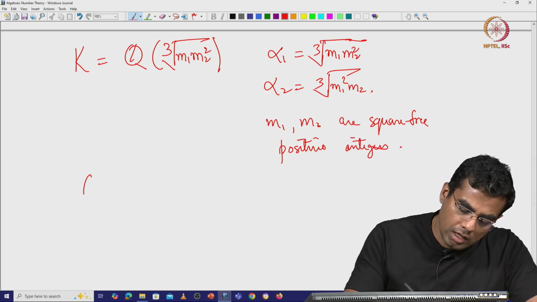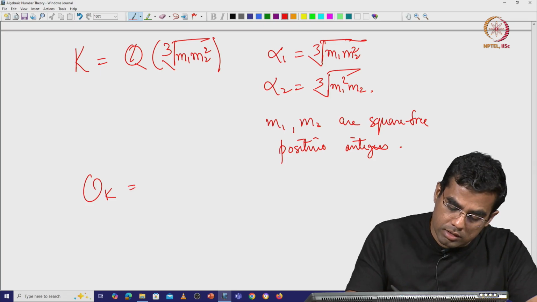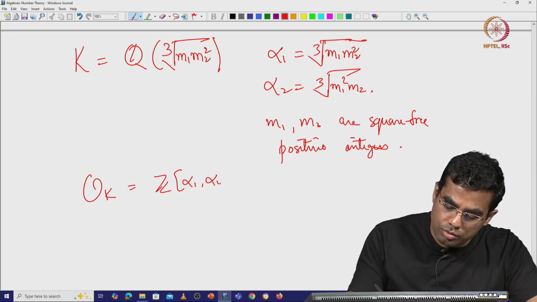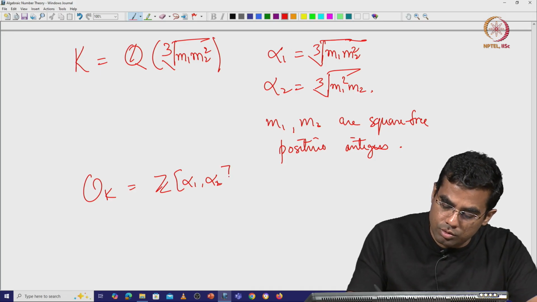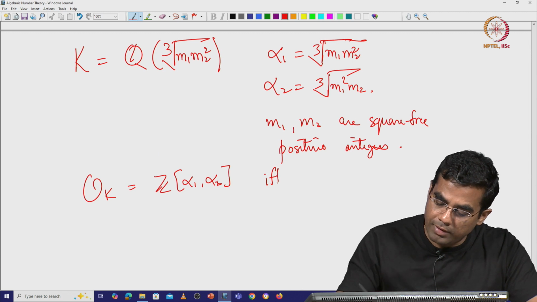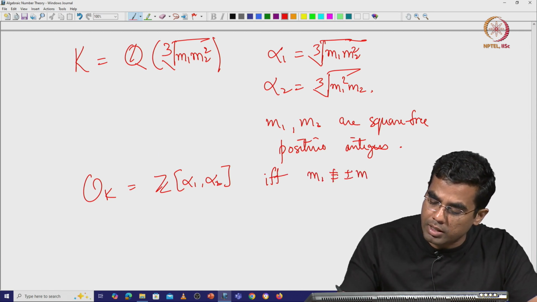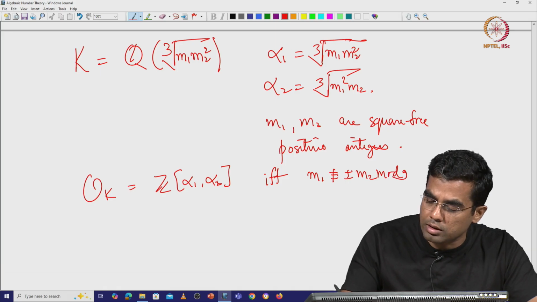where m1 and m2 are square free positive integers. Then O_K is Z alpha 1 alpha 2, generated by these two, if and only if m1 is not congruent to plus or minus m2 mod 9.